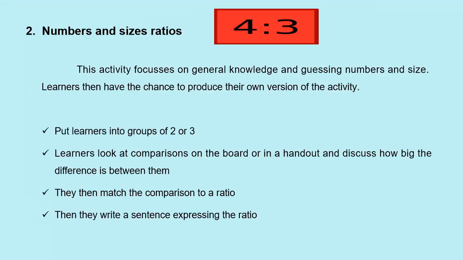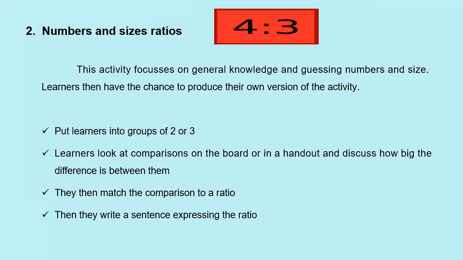So let's move on to numbers and size ratios. This activity focuses on general knowledge and guessing numbers and sizes. Learners then have the chance to produce their own version of the activity. This is how we are going to do it.